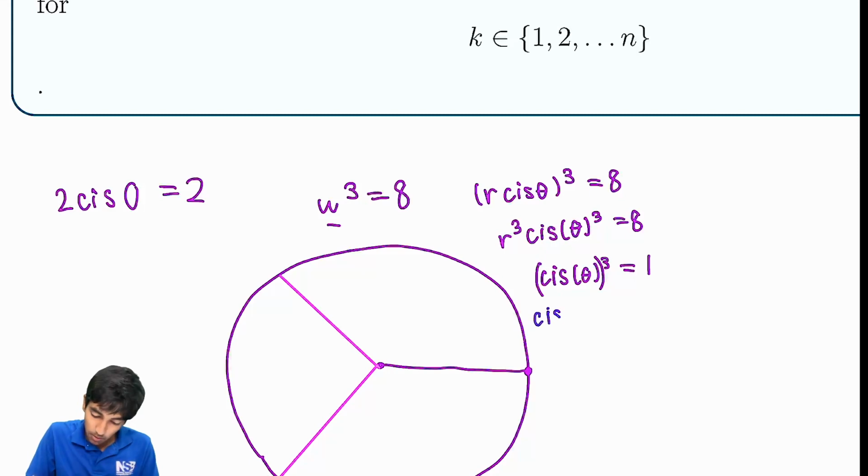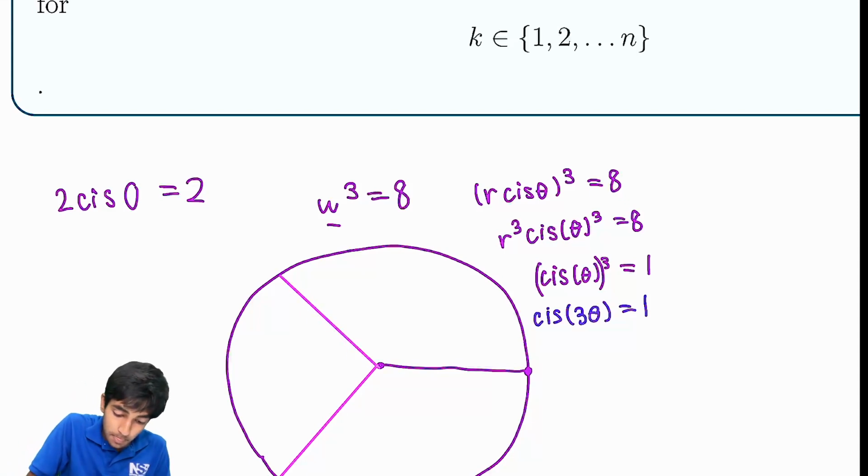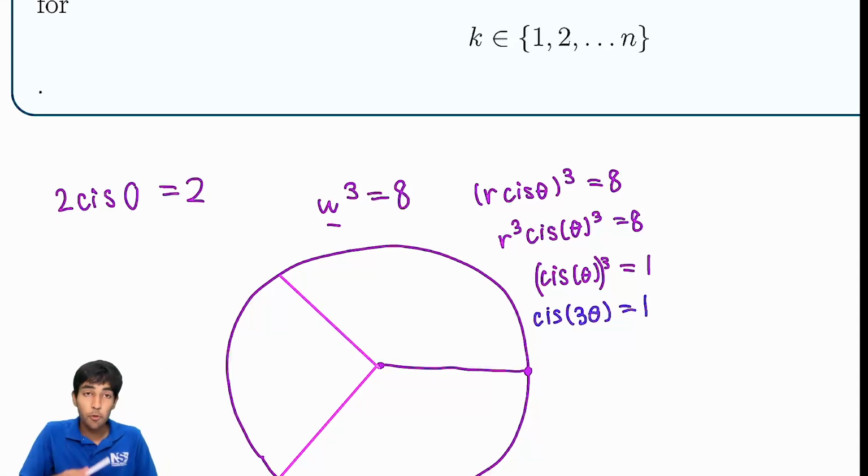This is just going to be equal to cis of 3 theta. So now, the only value such that cis of something is 1 is 0. So when is 3 theta 0? Well, when theta is 0, it's of course going to be 0. When theta is 2 pi over 3, then it becomes cis of 2 pi, which is the same as cis of 0.